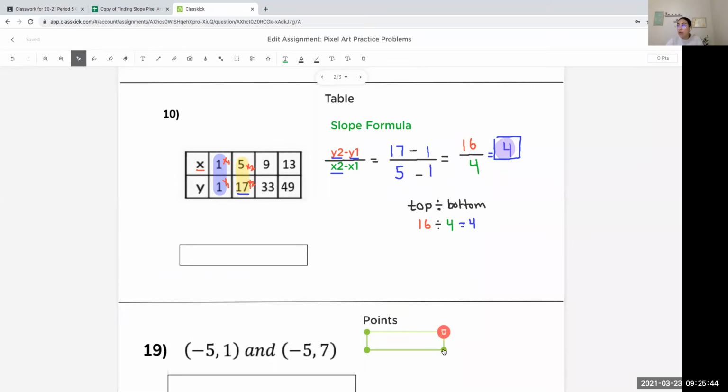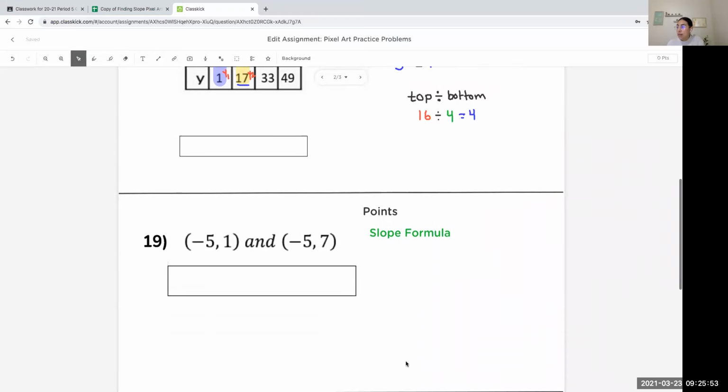So when you have points, you're going to need to write your slope formula. And our slope formula is y2 minus y1 all over x2 minus x1.